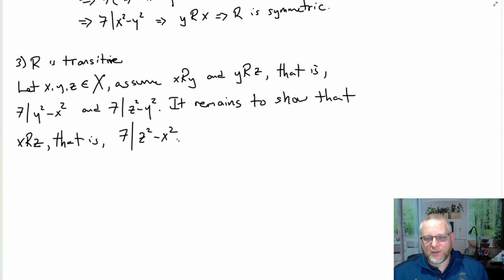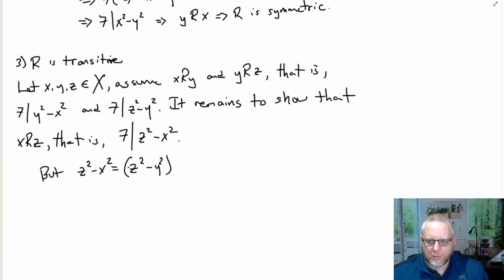Okay, well, how do I get that? How do I get a z squared minus x squared from those two? Well, look at this. Z squared minus x squared is actually equal to z squared minus y squared plus y squared minus x squared. Right? The y squareds actually cancel out there. And so what do we have? Z squared minus x squared, the thing I'm interested in, is a multiple of 7 plus another multiple of 7.